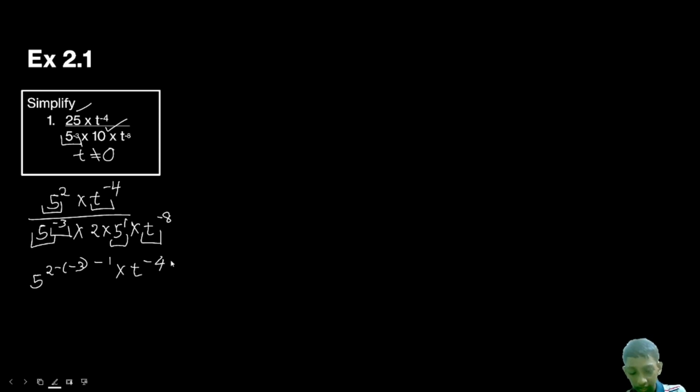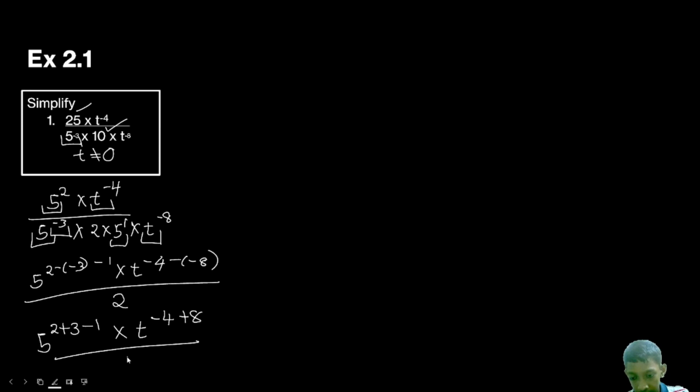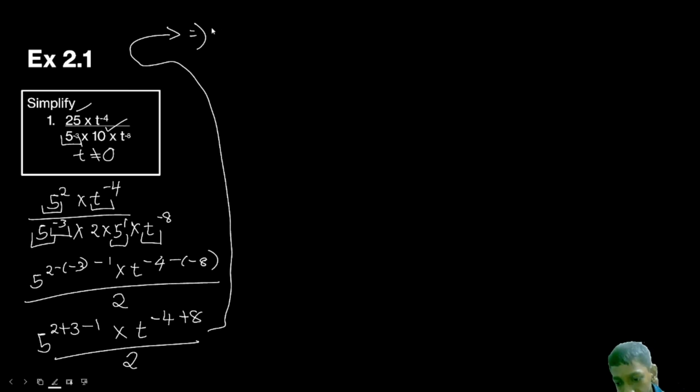So this minus 8 will be minus of minus 8 divided by 2. So 5 raised to the power of 2 plus 3 minus 1, into t raised to the power of minus 4 plus 8, divided by 2. So this is equal to 2 plus 3, which is 5.